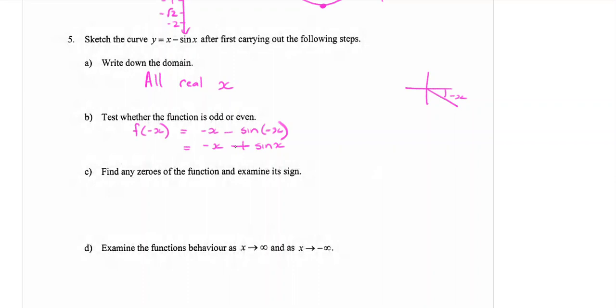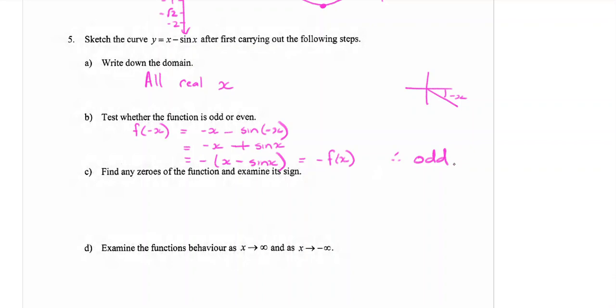But if I can factorize a minus sign out of it, which I can, I get minus, and then x minus sine x. If I factorize the minus out, and that is the same as the original, which it is, it means it's odd. So you should write there that that's equal to minus f of x, and therefore odd.